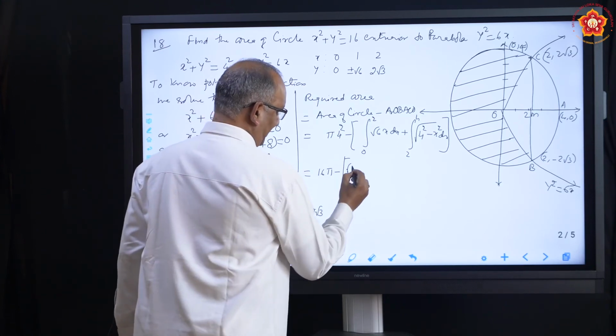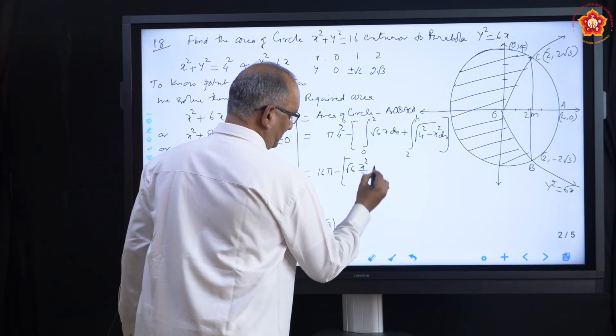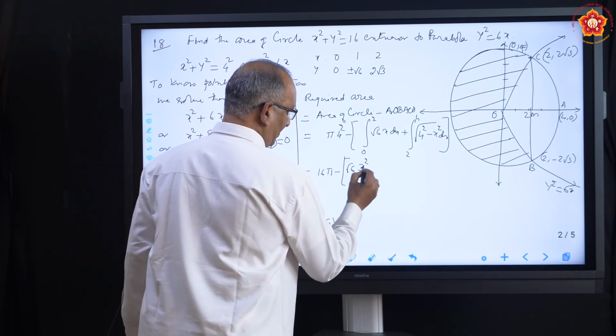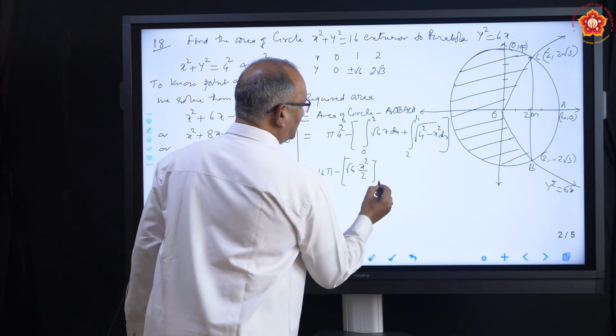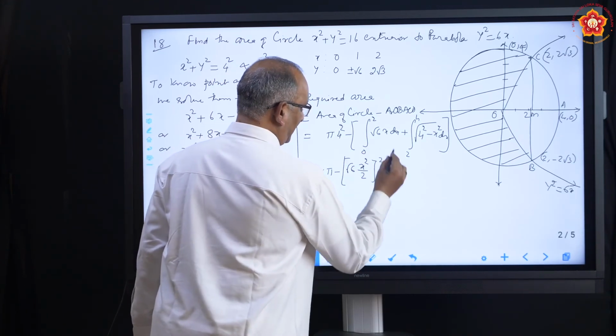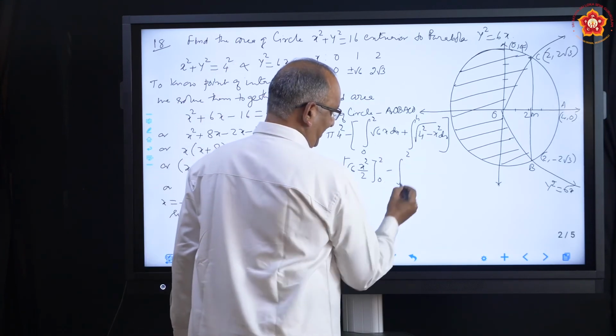Root 6 remains as it is, x to the power 3 by 2 by 3 by 2, 0 to 2 minus, this is the standard equation.